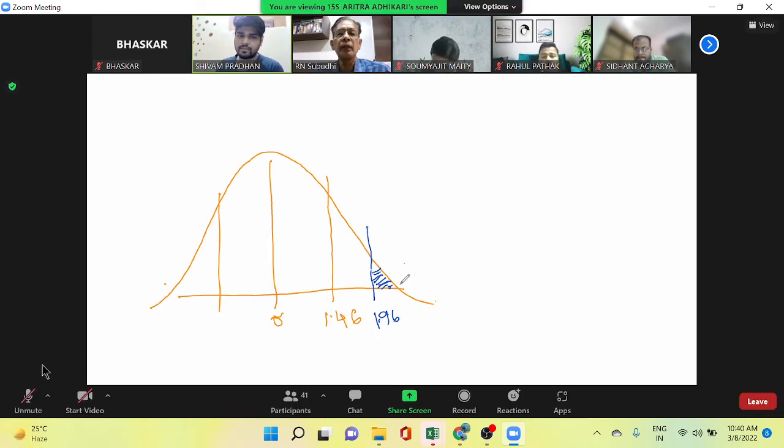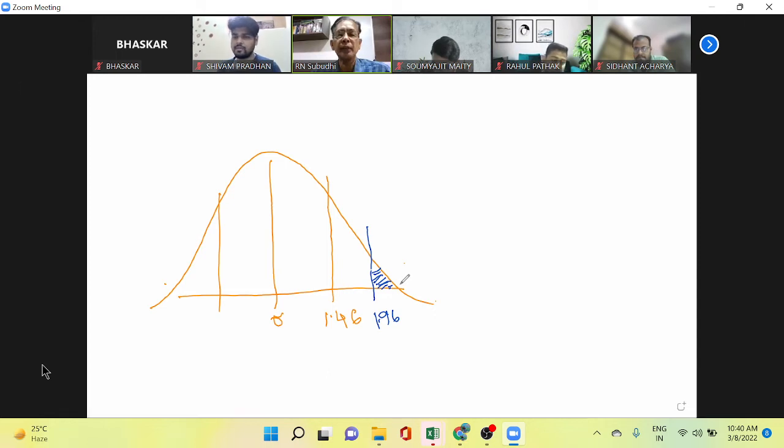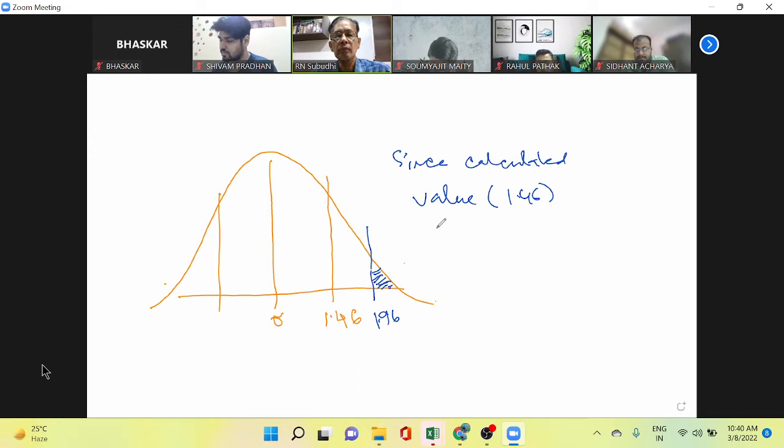Okay, Aritra, write above in white, quickly. Since the calculated value, within brackets 1.46, is less than the tabulated value, within brackets 1.96, we have to accept the null hypothesis.